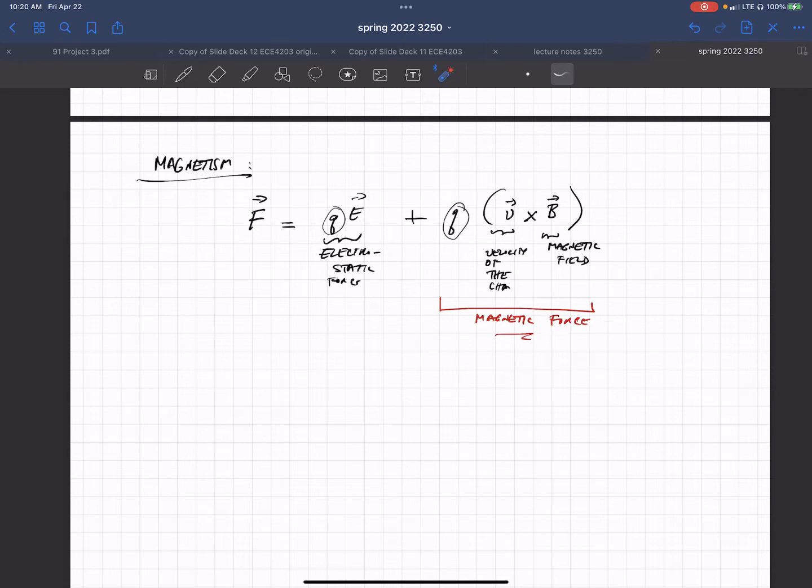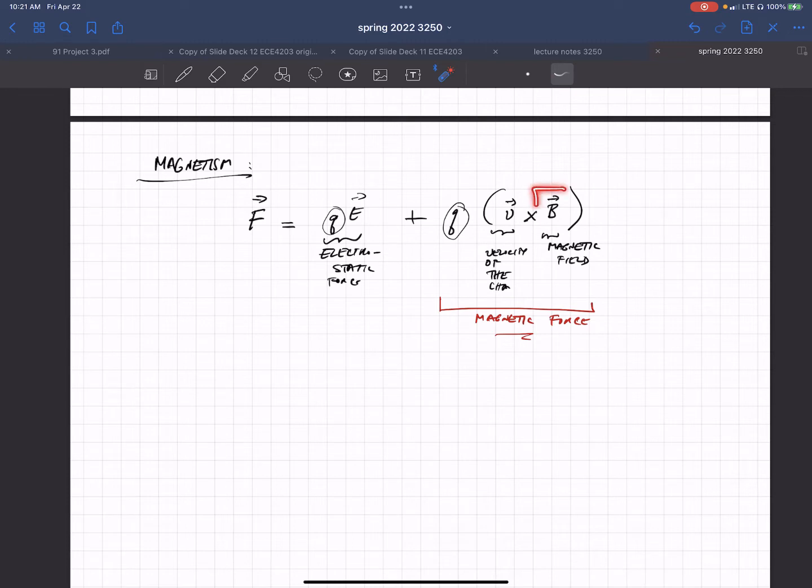But in the case of the magnetic force, things get quite a bit more complicated, although in lots of ways it's similar, as we'll see, to the electric field. The complication comes from this cross product and the fact that, to get this magnetic force, the particles themselves have a velocity which has a direction.